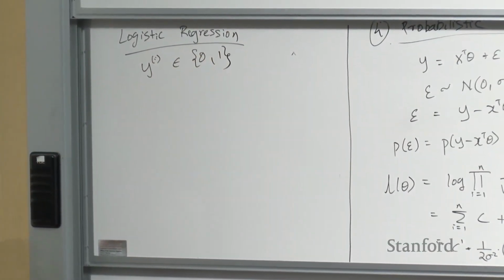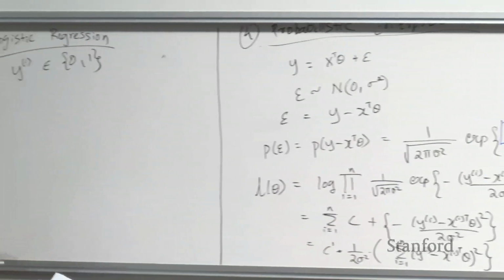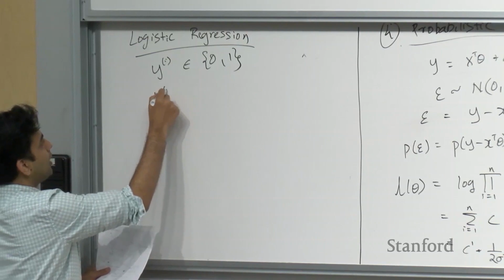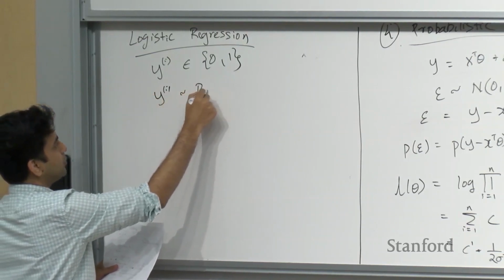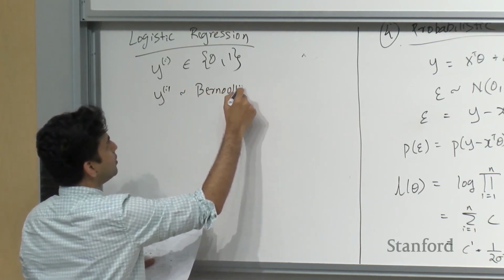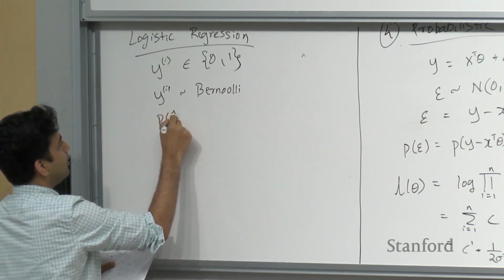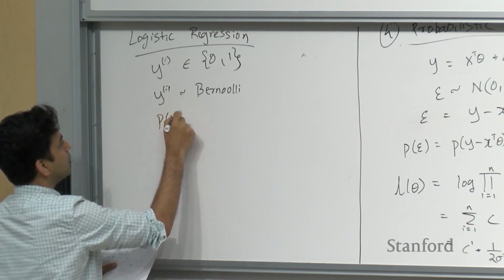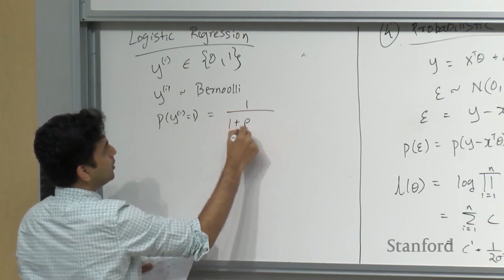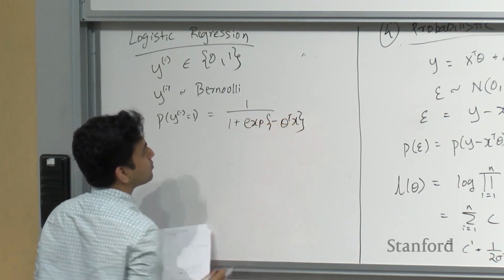And in order to solve logistic regression, we follow the probabilistic interpretation and do the same thing as for linear regression. In logistic regression, we assume that yi is sampled from a Bernoulli distribution, right? And the probability of yi equals 1 is given by 1 over 1 plus e to the minus theta transpose x, right?